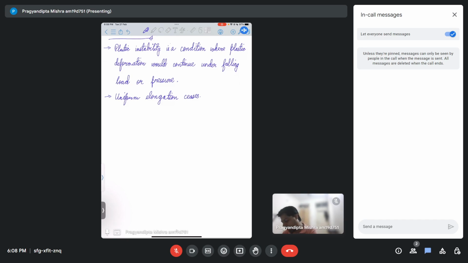And if we draw the stress strain curve for this case, how will it look? Let's say the stress strain curve is something like this for any general material.